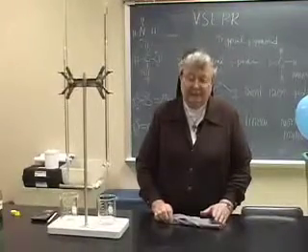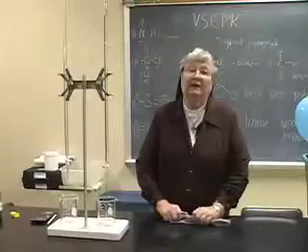It's an important property, and we're going to levy off of the idea of polarity when we talk about solvents, and like dissolves like. A polar solvent dissolves a polar solute, and water is a very important polar solvent.